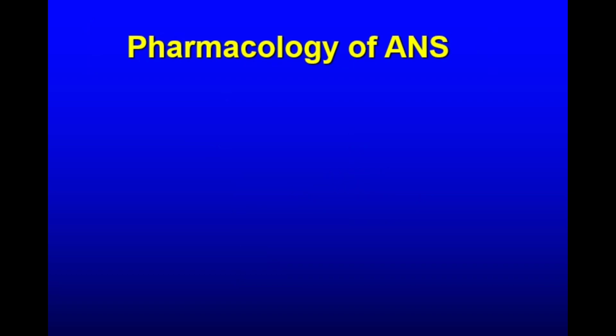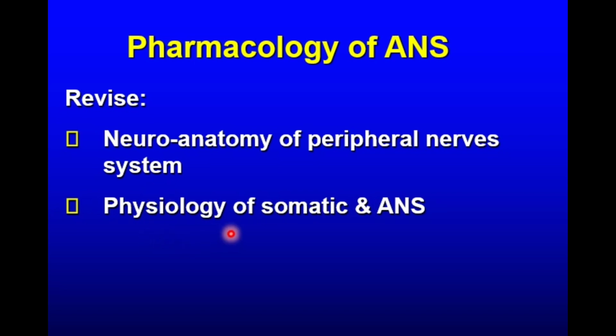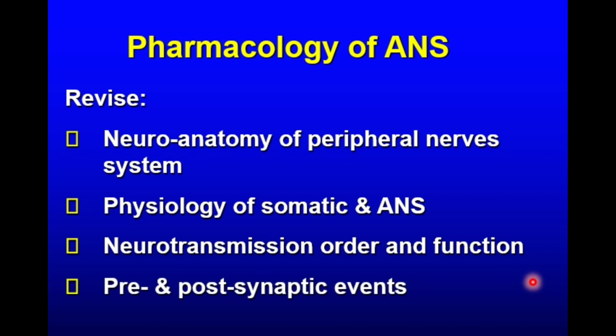In order to understand the pharmacology of the autonomic nervous system, you should revise the neuroanatomy of the peripheral nervous system, physiology of the somatic and autonomic nervous system, neurotransmission order and function, and pre- and post-synaptic events. You should be familiar with these topics from your physiology lectures.